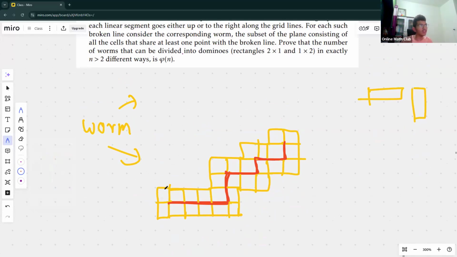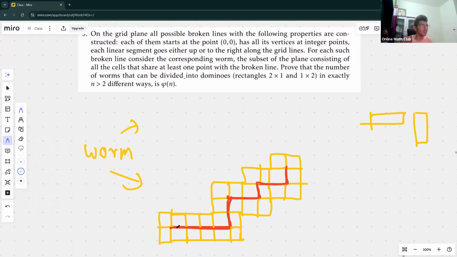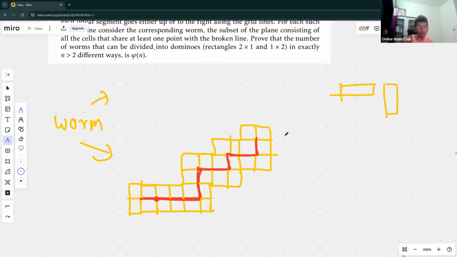Then we consider the squares adjacent to it. So suppose this integer point, then the squares adjacent to it are this one, this one, this one, and this one. We consider all of these squares, and together they form one structure which looks like a worm. So it's called a worm, this yellow, orange-colored thing.